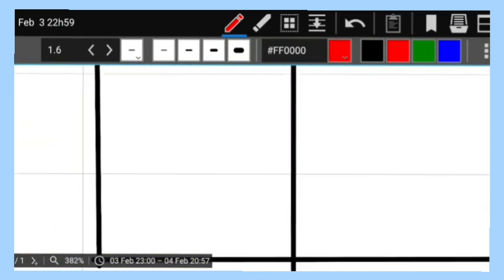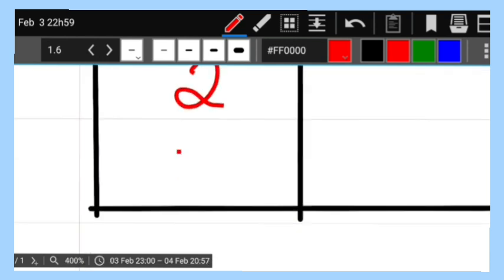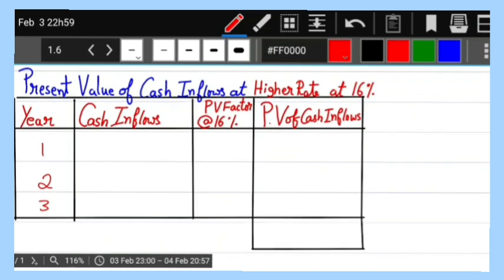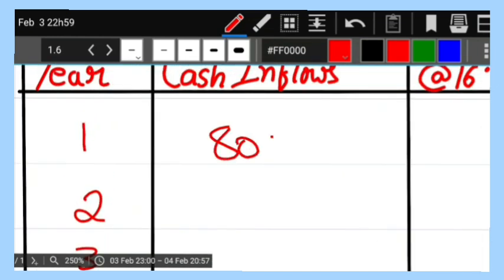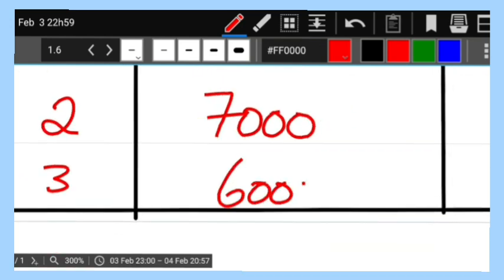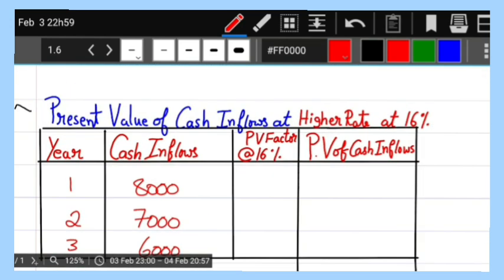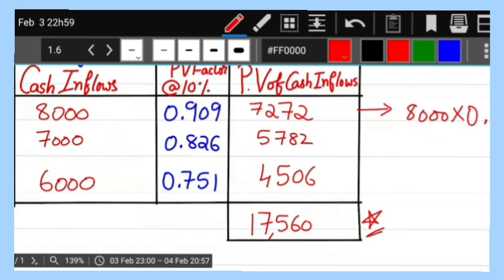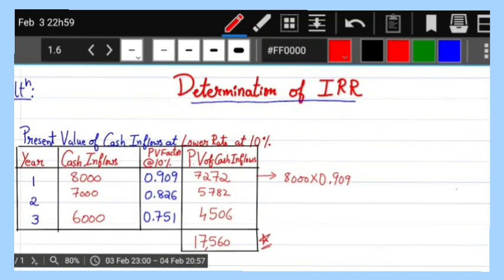So we have to write year 1, 2 and 3. Now cash inflows, same thing, no changes: 8,000, 7,000 and 6,000. Now PV factor at 16%. Don't write the same as we have solved above, it's different.